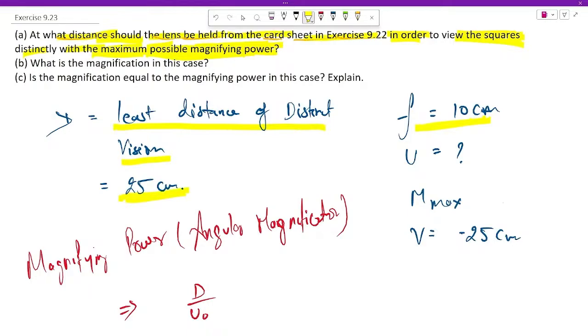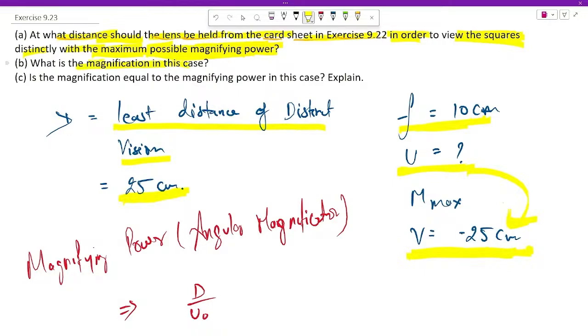So we can deduce from this that v should be equal to minus 25 centimeter. That is, the final image should be at least 25 centimeter away from the eyes. So we have the value of v, we have the value of f. Now we have to find out the value of u such that this case is met. We also have to find out the magnification in this case.